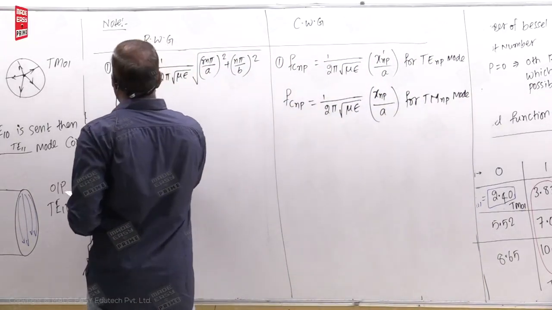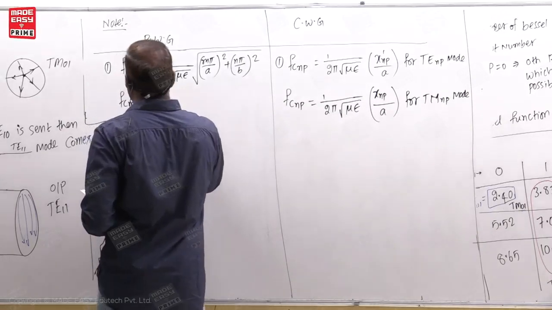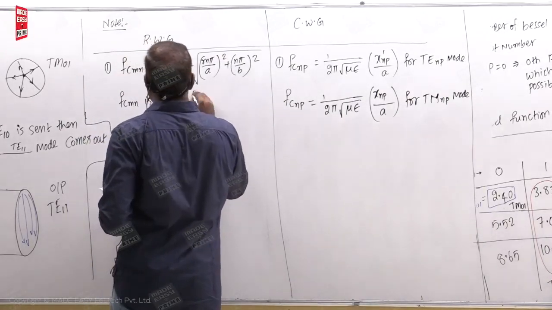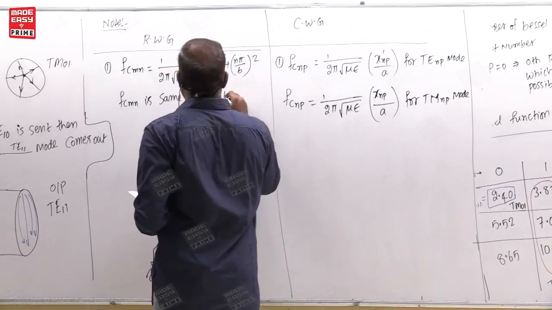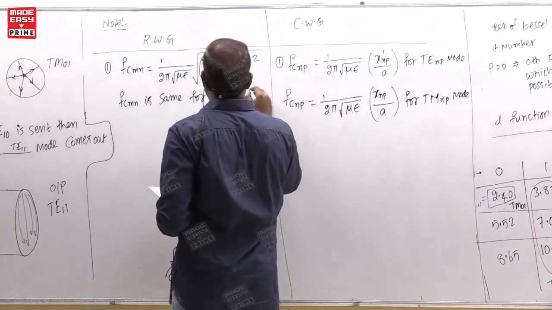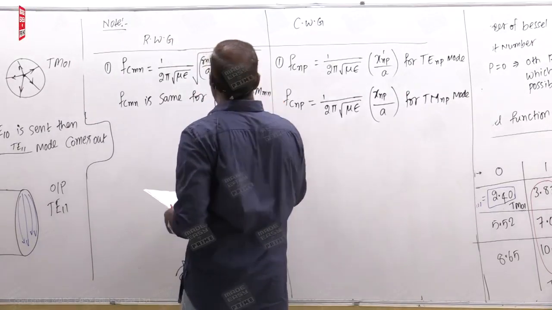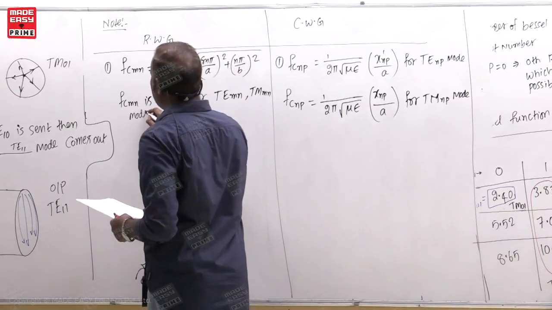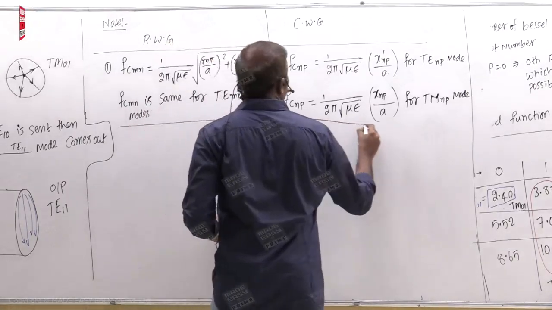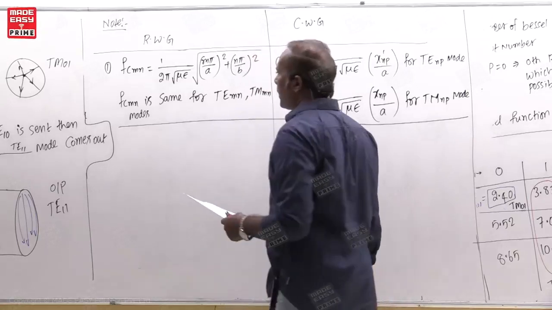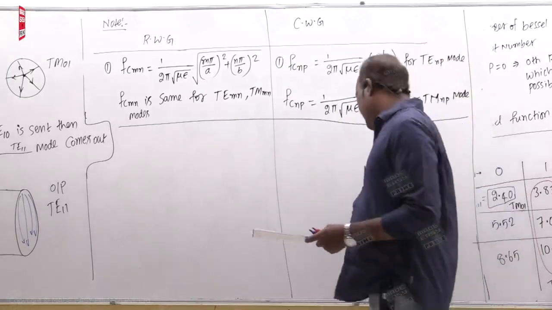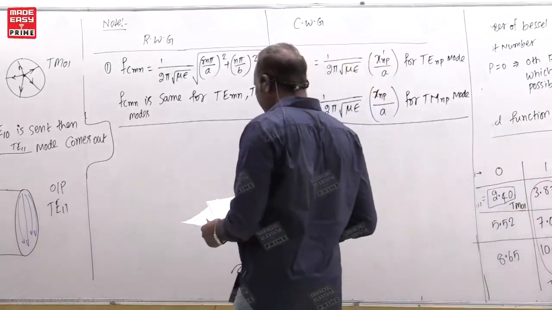This fc_mn here is the same for TE_mn, TM_mn modes. This is the first point regarding cutoff frequencies. Already you know this one, right?